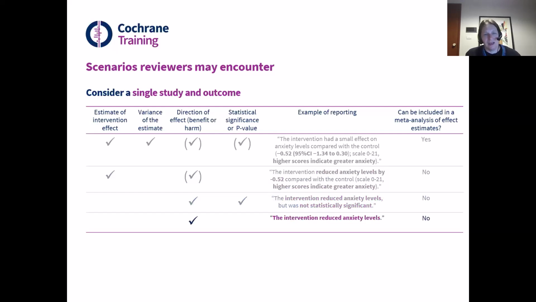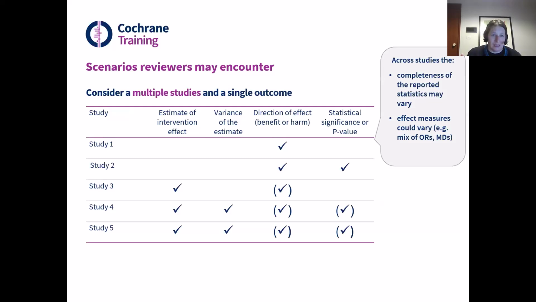And then finally, we can have very incomplete reporting where it might just be written in the paper, the intervention reduced anxiety levels. So we know something about the direction, but we don't have the information to include this study in a meta-analysis. Then things get more complicated when you start to look across studies. So now let's think about multiple studies for a single outcome. We might have this variation in what's reported.